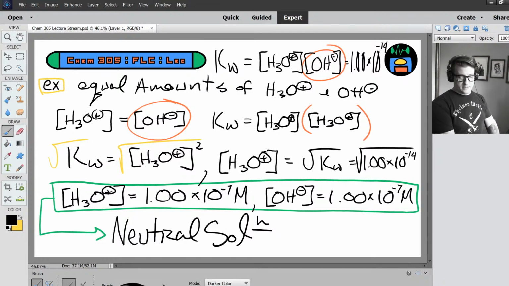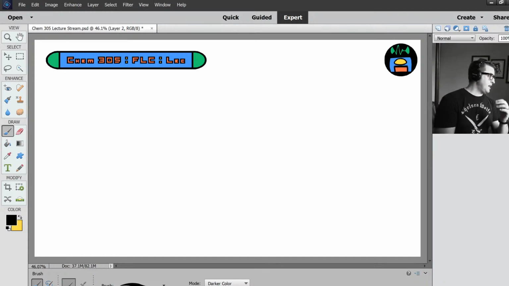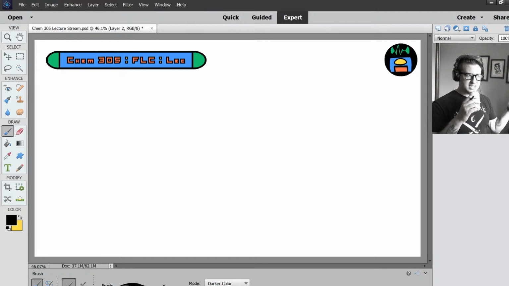Now, we've been calculating the concentrations of hydronium for a bunch of different solutions. That was the last batch of problems that we did on Wednesday, yesterday. And they all had a lot of exponents involved, usually like 10 to the negative 7, 8, 10 even. These large negative exponents.